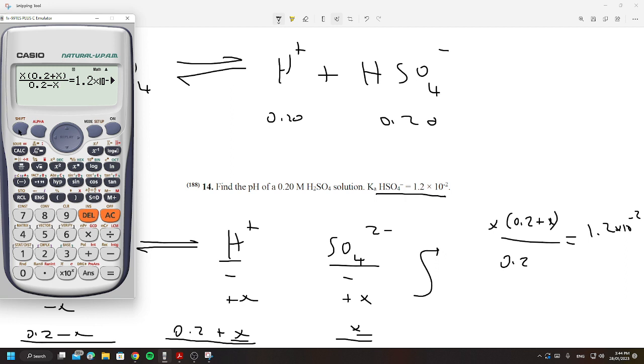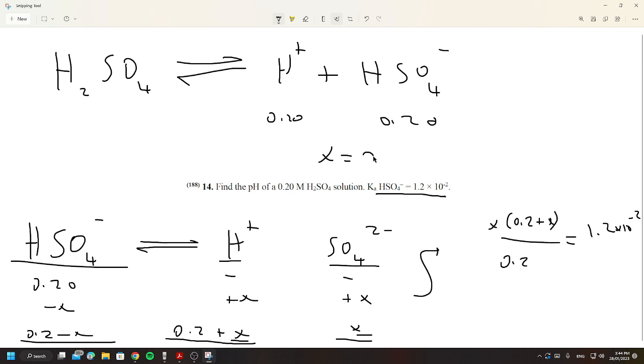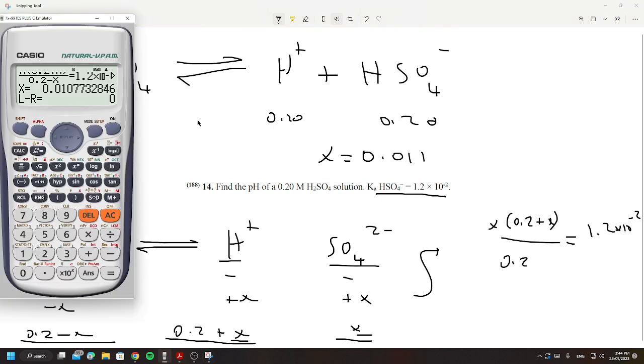Okay, whatever. Here they want us to find the pH, so we got x to be 0.0107, so x is equal to 0.011, I guess. Yeah, if you round it to two significant figures, it's gonna be that.